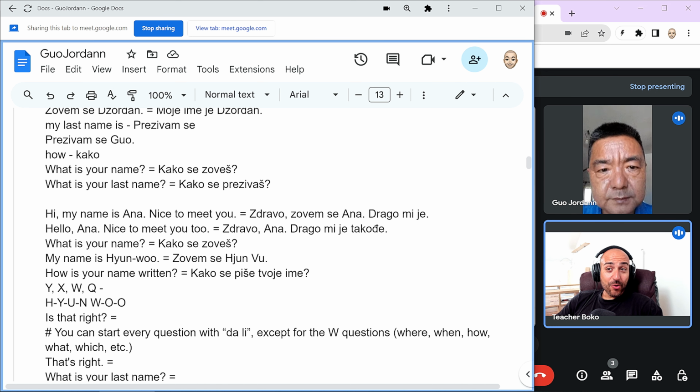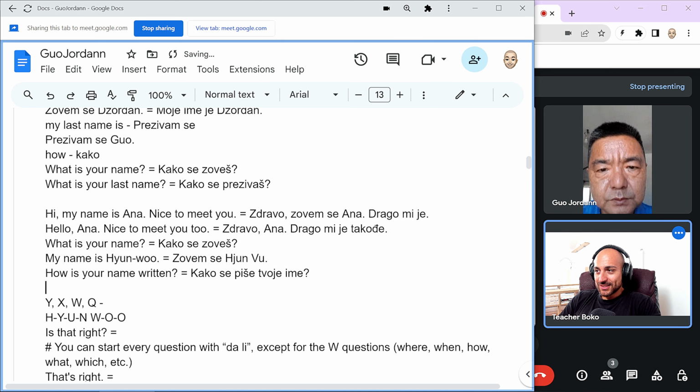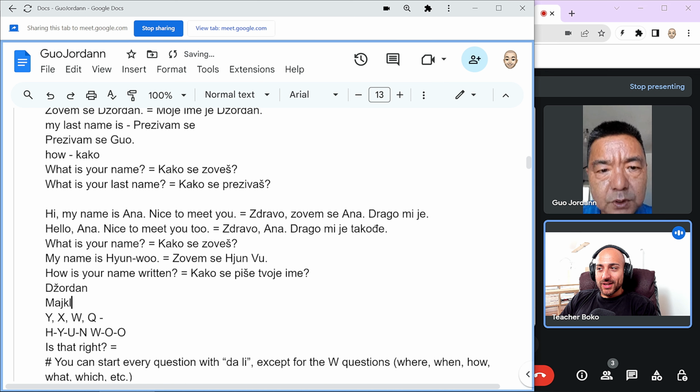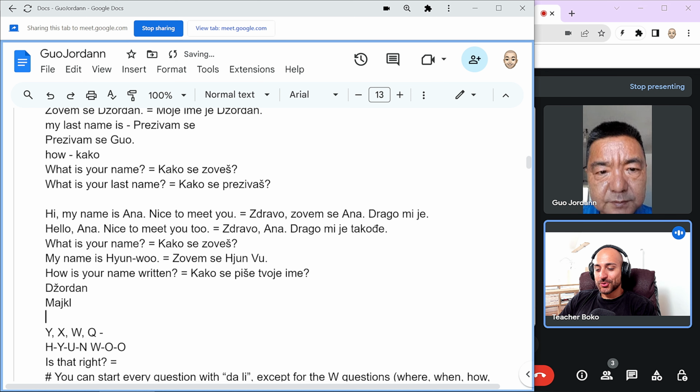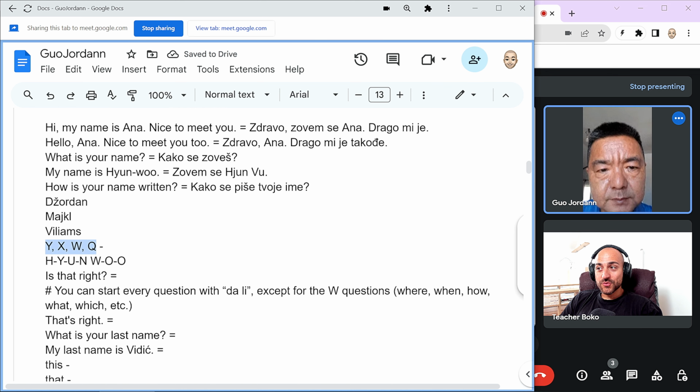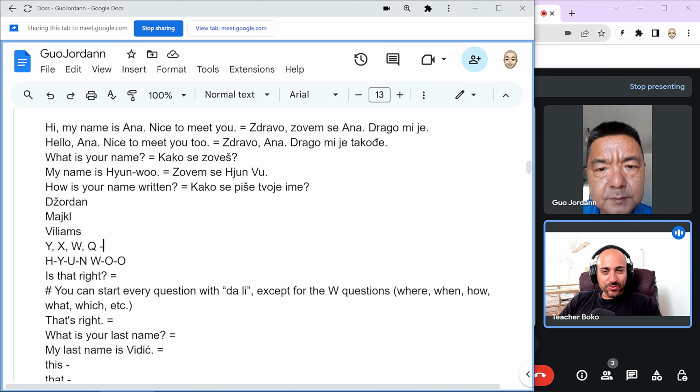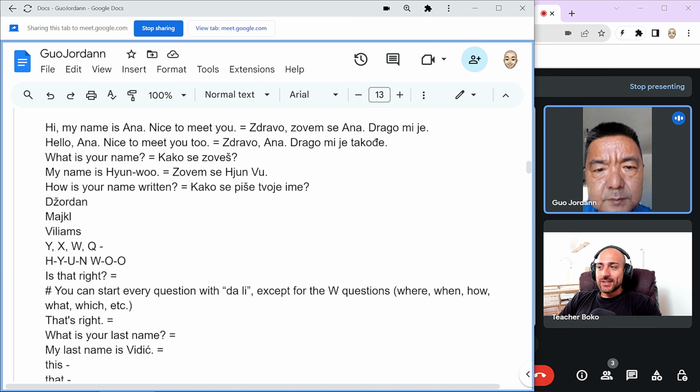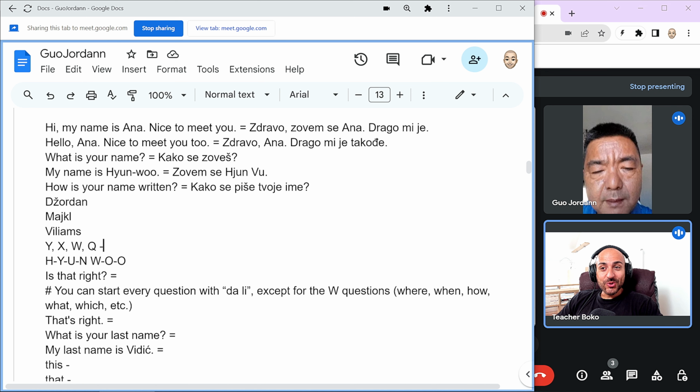That's why we write your name Jordan with the J, or the word Michael, or Williams. We don't use the W unless it's really important, for the bank account or your passport or some legal documents. Then we use the original name.